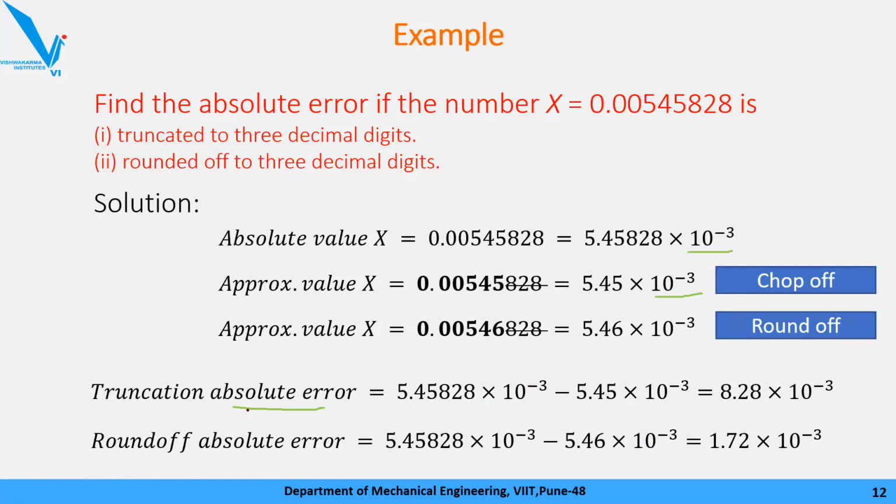So when I would like to calculate absolute error in the truncation, I have called absolute value of x, then I have called approximate value of x due to chopping off, due to truncation. Now these both terms have 10 to the power minus 3 in common, so I have taken it out. Baki kya hai? Simple, this minus this value, so you got 8.28.